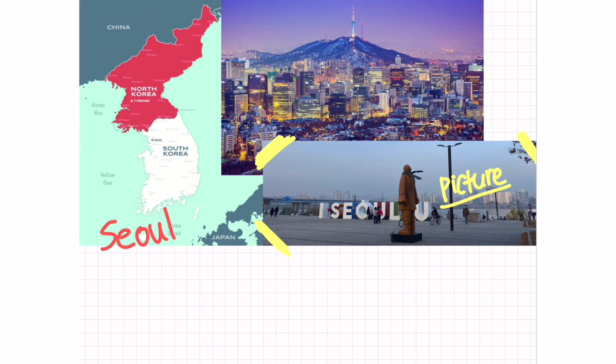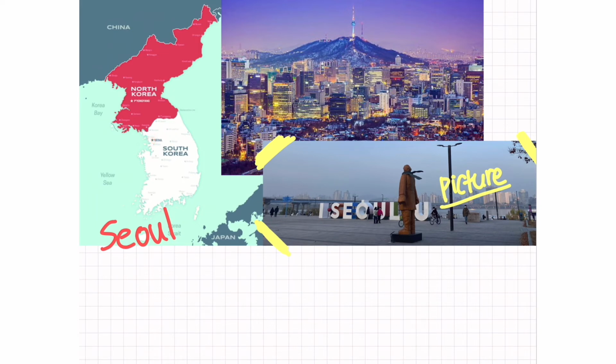And North Korea, and we have South Korea. It's really sad. We're the only country that's split up, North and South. Anyhow, North Korea has its capital city, Pyongyang, over here, and South Korea has its capital city, which is Seoul.